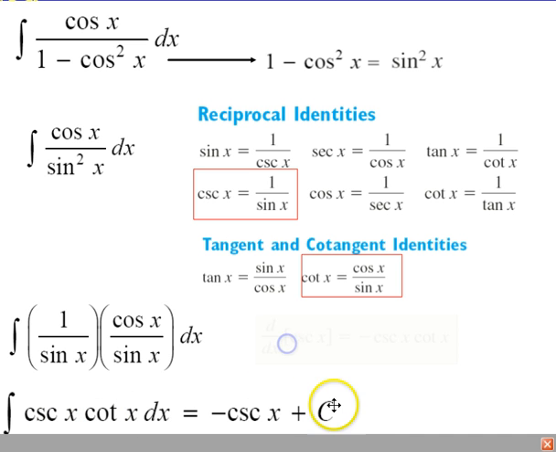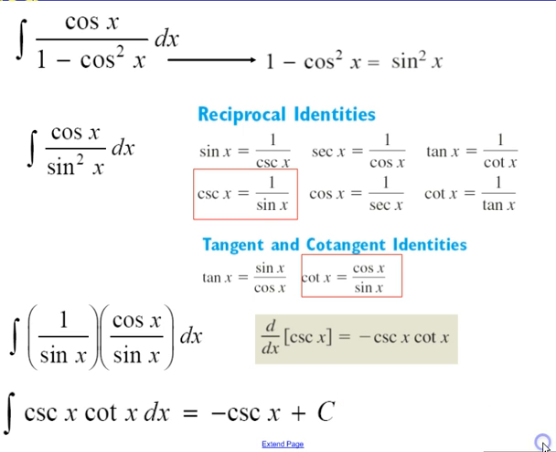And if you'll remember from your derivatives, the derivative of cosecant is negative cosecant cotangent. Well, I have positive cosecant cotangent. So in order to fix that, I just need to put a negative in front of my answer, because the negative of this derivative will end up giving me a positive cosecant cotangent. And I can't forget my plus c.